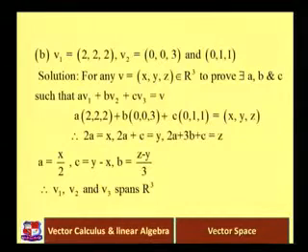So we can find A, B, C in terms of X, Y, Z easily. That's why we can say that V1, V2 and V3 span R3. Okay.